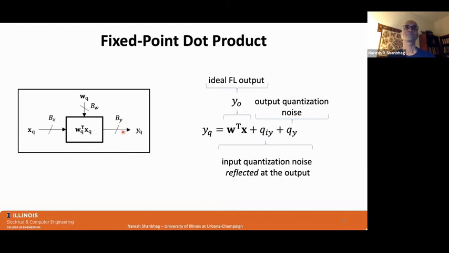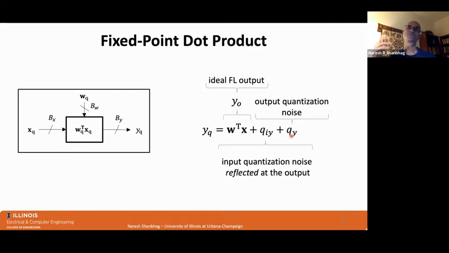In addition, we might decide to truncate or round off the output bits separately, and that gives us an additional source of quantization noise, Q sub Y. So at the end, the total signal to quantization noise ratio should be the variance of the ideal floating point output, divided by the sum of the variances of these two noise components. And that has to be higher than a certain lower bound that is imposed by network accuracy requirements.